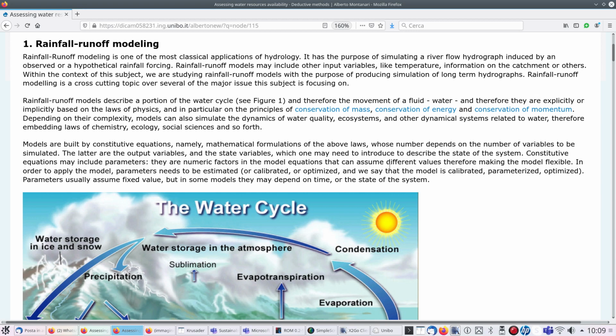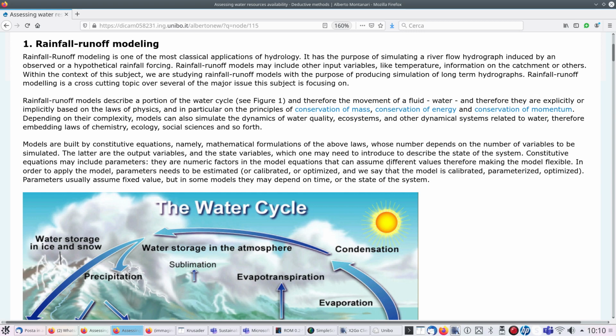We need to assess water resources availability. For surface water, this means assessing river flow. As I said, the easier solution is to use data. And if we don't have data, there are other solutions that can be used.